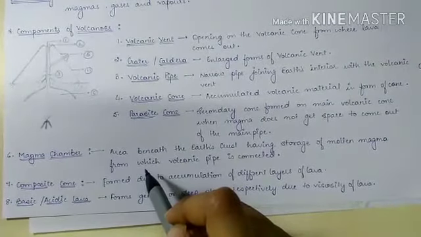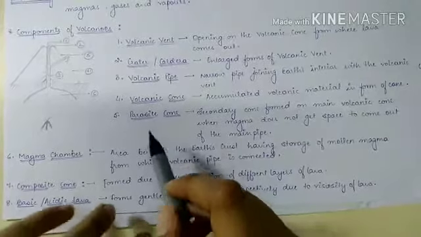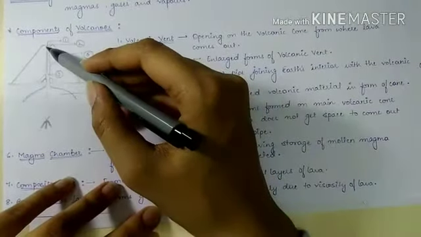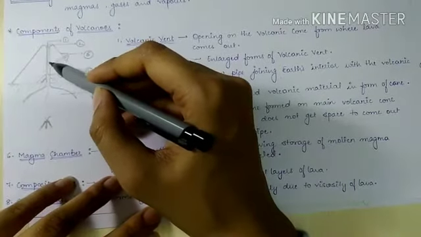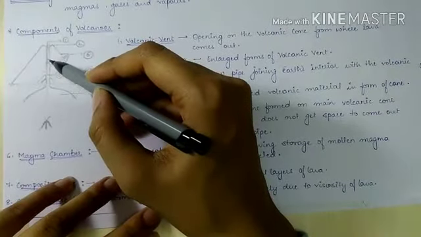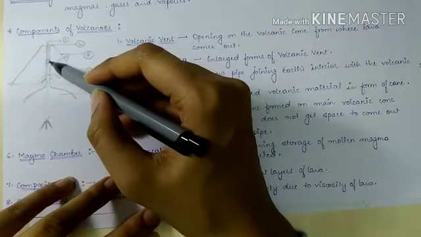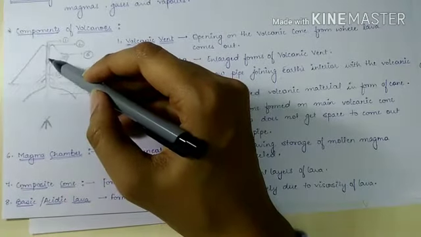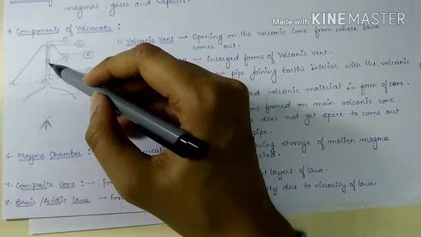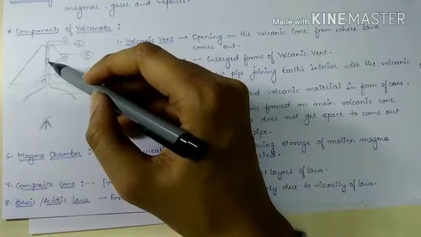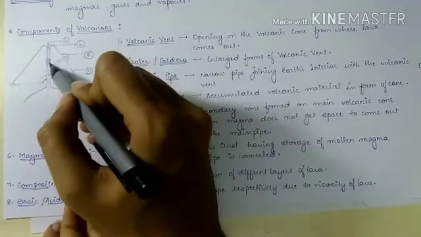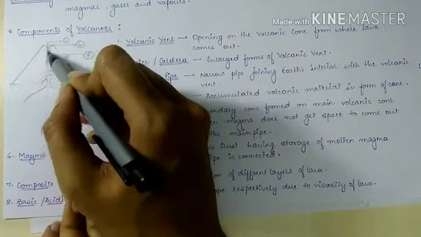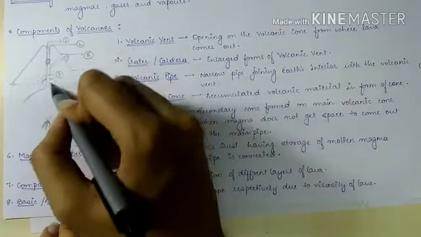Next we have parasitic cone. Now see, what happens is, when some debris or some volcanic bomb gets locked here in the volcanic pipe during the eruption, then what will happen? This pipe will be blocked.